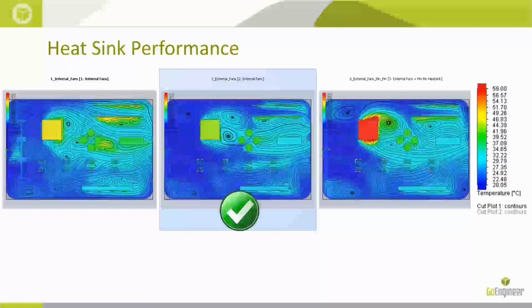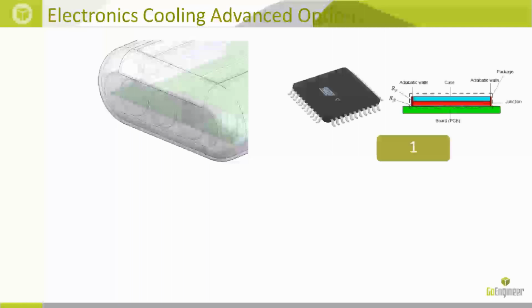So I wanted to quickly take a moment to talk about some of the advanced functionalities that we used. So once again, electronics cooling, the 3 advanced functionalities that we used in this specific analysis. One of them was the 2 resistor components. 2 resistor components are typically a lot more complicated.